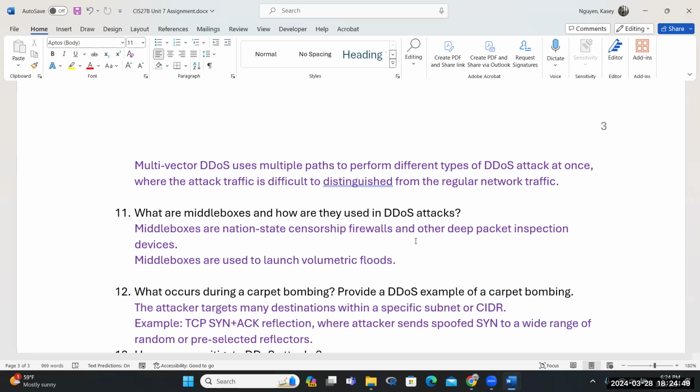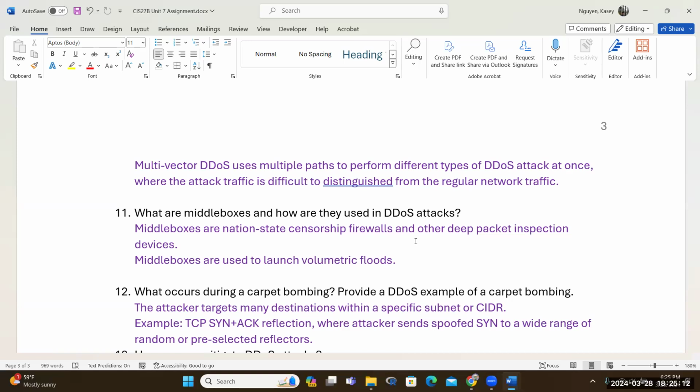North Korea, China, a lot of the communist countries. So when you go to a state or a nation that filters web content, like they don't allow people to use certain websites or whatever, right? They use middle boxes.